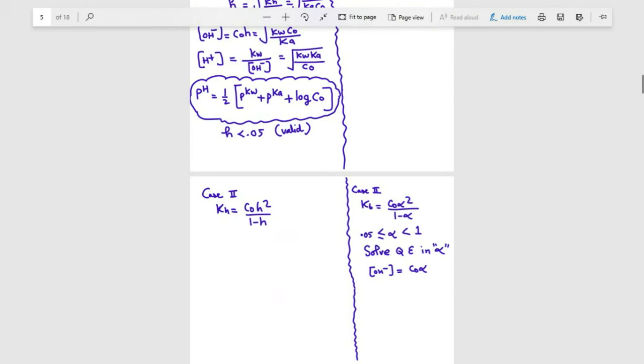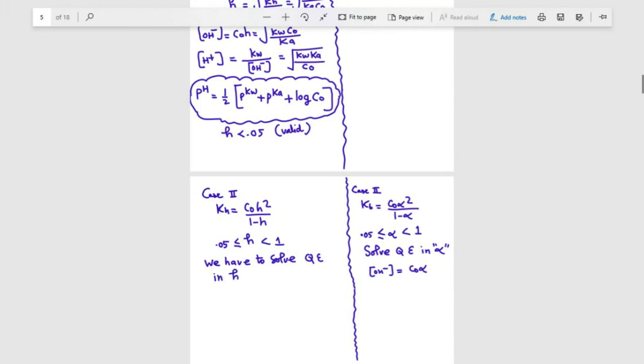Same way here, when the value of h calculated by that formula, under root Kh upon C naught, is greater than or equal to 0.05 and less than 1, then we have to solve a quadratic equation in h.